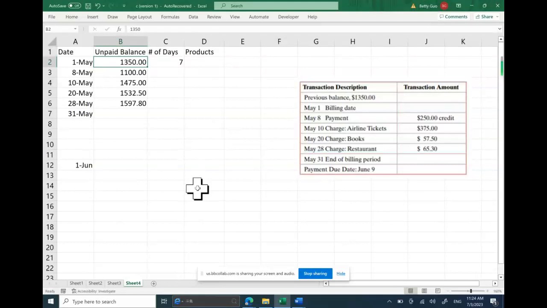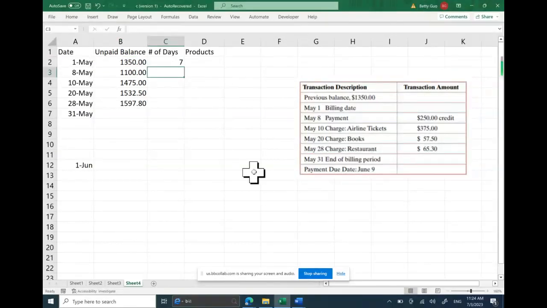The unpaid balance stays the same from May 1st to May 7th. It changes on May 8th when you deposit the payment. So from May 1st to May 7th, those are 7 days.